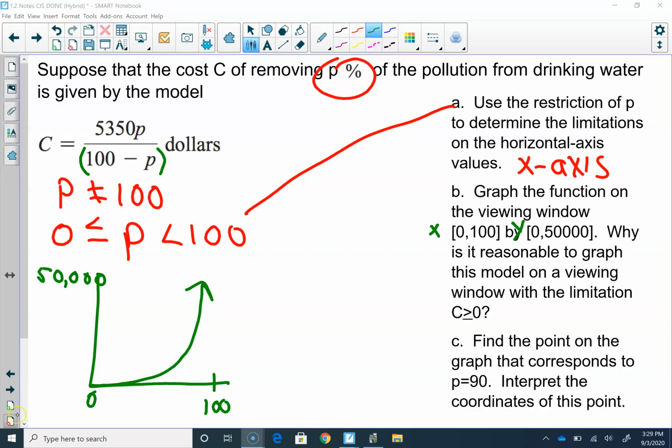Notice how they're on here. So it says why is it reasonable to graph this model on a viewing window with a limitation of the cost being greater than or equal to 0? And the answer to that is cost for something cannot be negative.